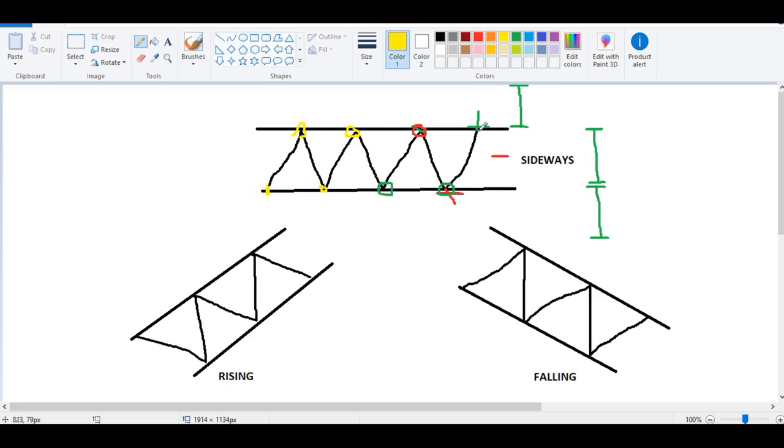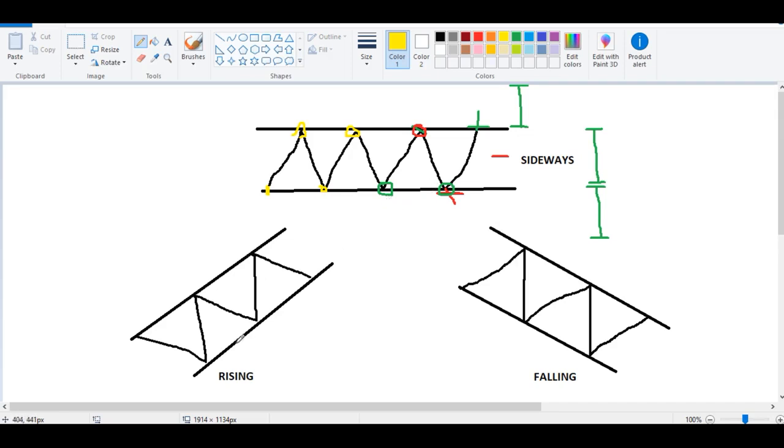And when you see a parallel formation, that is called a channel. Okay, so just keep that in mind. We need minimum two swing highs and minimum two swing lows, and if it's in a parallel formation, then it is called a channel pattern.